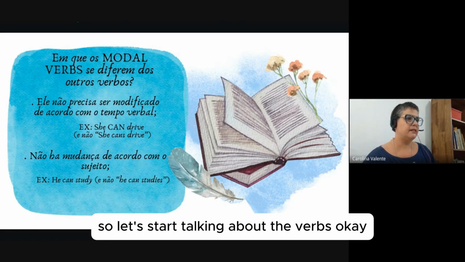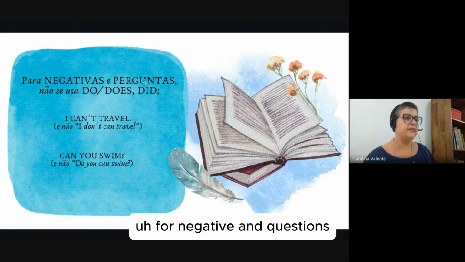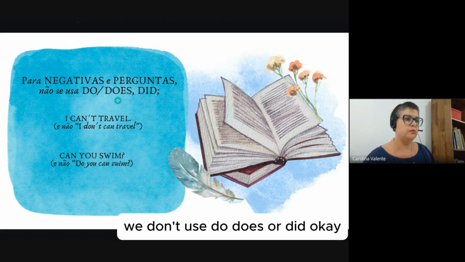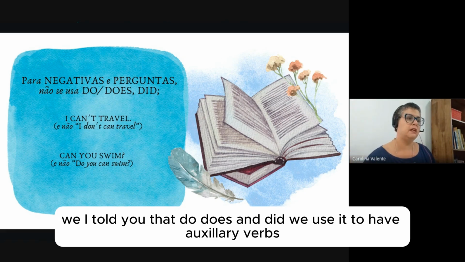So let's start talking about the verbs. Okay, for negative and questions, we don't use do, does, or did. Okay, we don't use it. Remember in the previous classes that I told you that do, does, and did, we use it as auxiliary verbs.